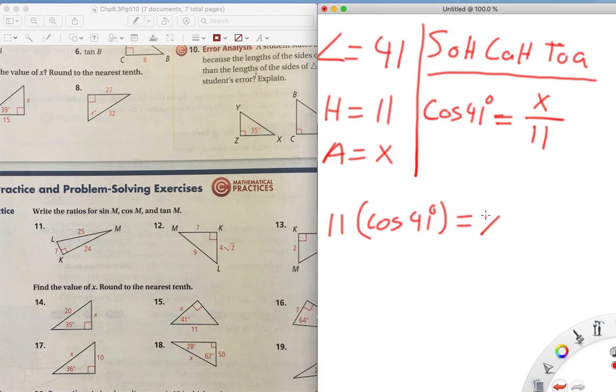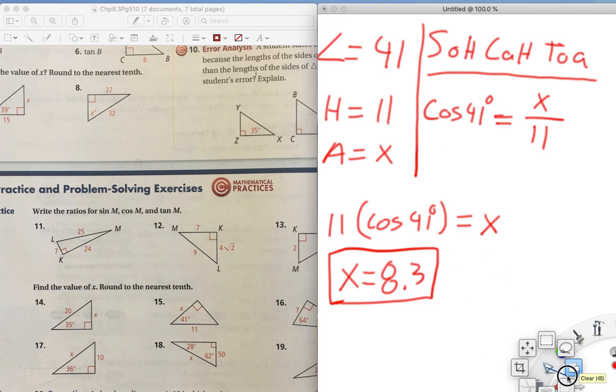That's going to give me x equals 11 times cosine of 41. Remember to set your calculators to degrees. And I get that x is approximately 8.3. Remember, we're rounding to the nearest tenth. So for number 15, x is equal to 8.3.